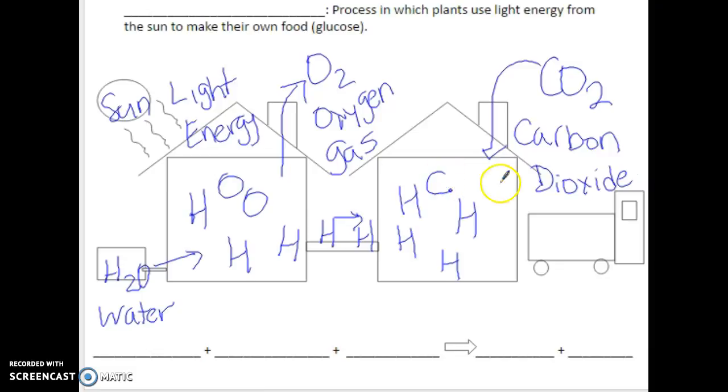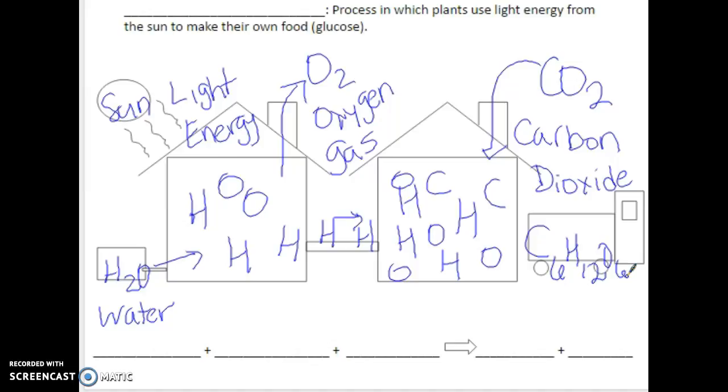So you'll have your C's and your O's separate. If you look at that second factory, now you have all the building blocks that you need for glucose. You have carbons, hydrogens, and oxygens. So now the plant can go ahead and make its glucose, C6H12O6.